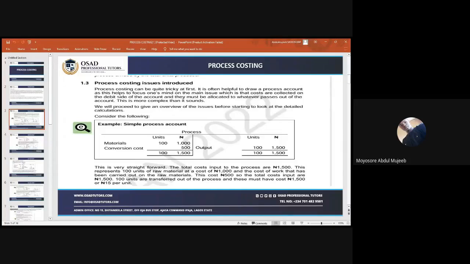What is the debit side of an account, of a ledger, telling us? Input or output? Debit side, accountant, input or output? Samuel, input. Input. Thank you.